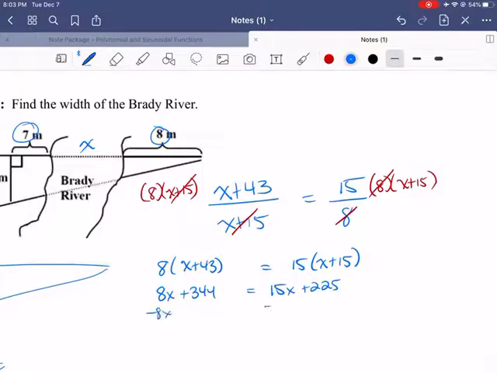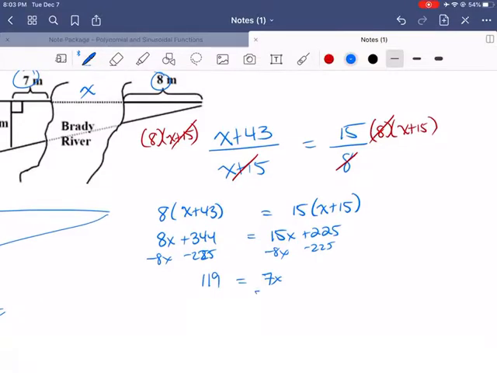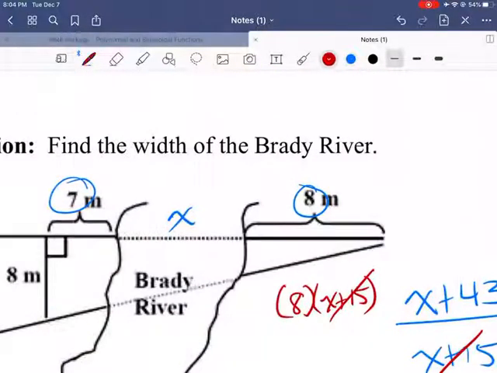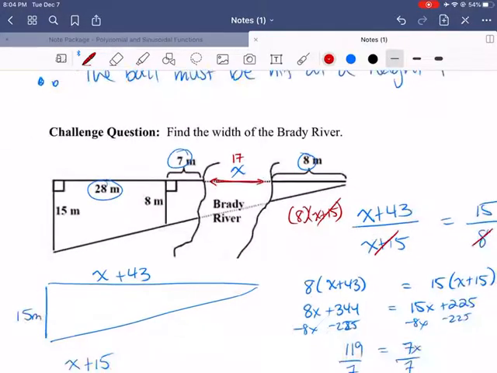Subtract 8x from each side. Subtract 225. And you get 7x is equal to 119. And if you divide by 7, x equals 17. So that missing value here is 17. That means the Brady River is 17 meters wide.